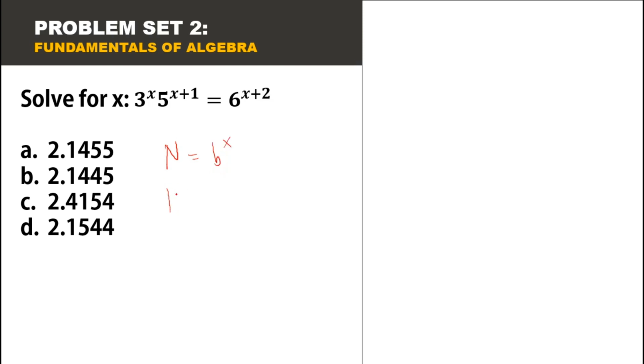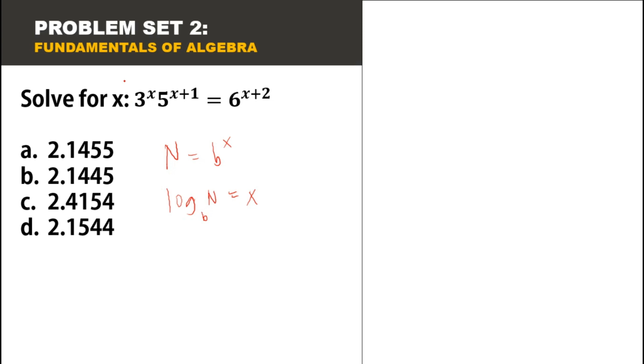Therefore, logarithm of base b of n is equal to x. This means that the base must be raised to x in order to obtain a certain number n. So that's the basics of logarithm.